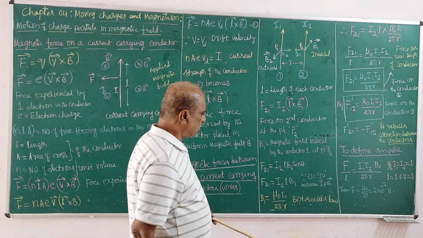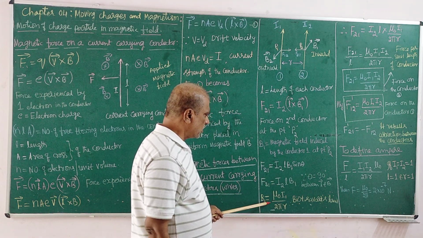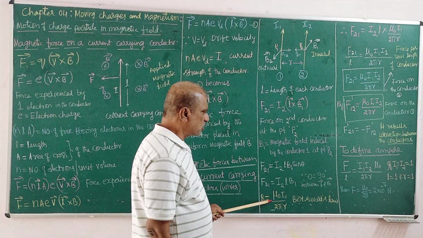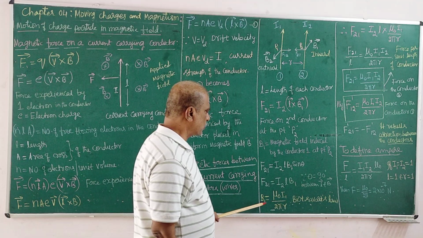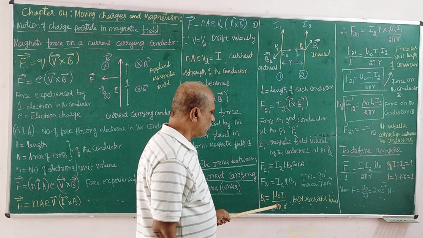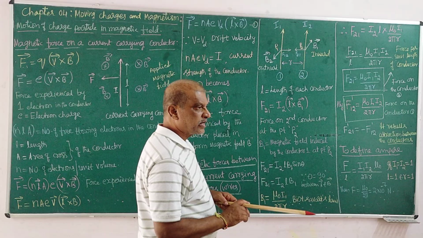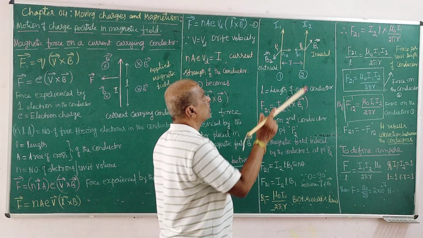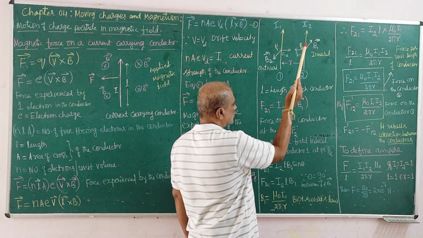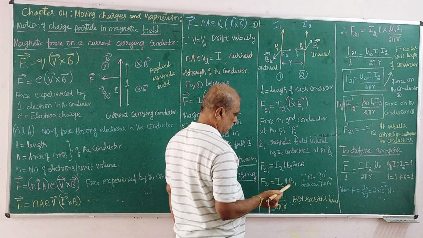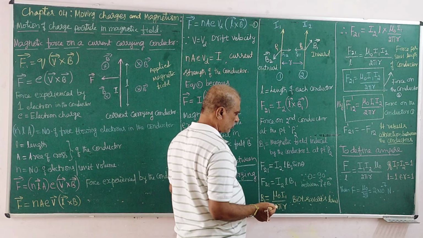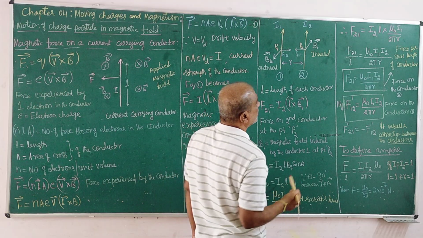So this is based on the Biot-Savart law. B1 is equal to mu naught I1 divided by 2 pi r. It is the magnitude of the magnetic field at this point that is needed. Substitute this and see the equation.